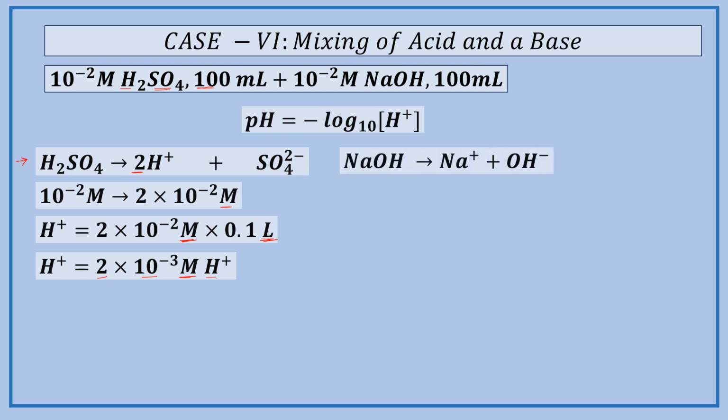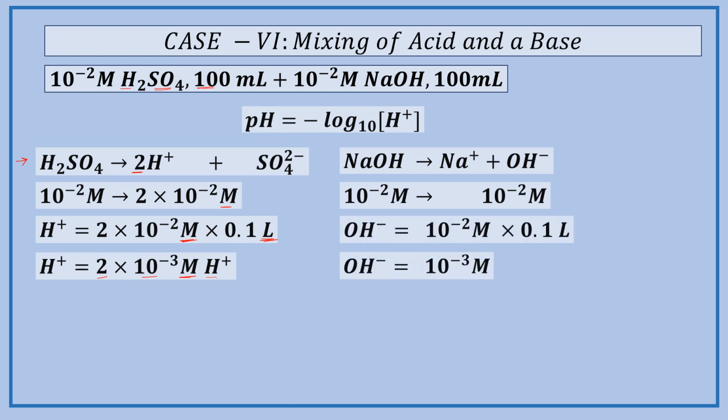Similarly, the concentration of OH minus ion can be calculated in the NaOH solution, which is here equal to 10 to the power minus 3 molar. Now, the neutralization reaction takes place like this. 1 mole of H plus ion neutralizes 1 mole of OH minus ion.